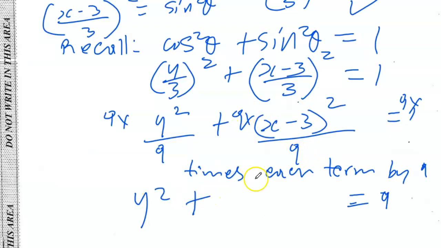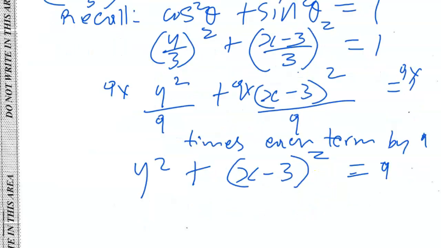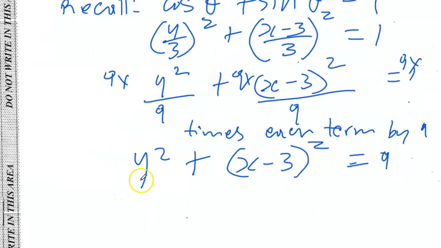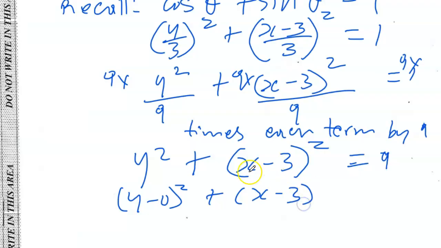And here, 9 over 9 is 1 again, so we're left with (x minus 3) all squared. Notice there's a circle. You can rewrite the y squared as (y minus 0) squared if you wish. There's no need to, but just to get it in the form (x minus a) squared plus (y minus b) squared equal to 9.